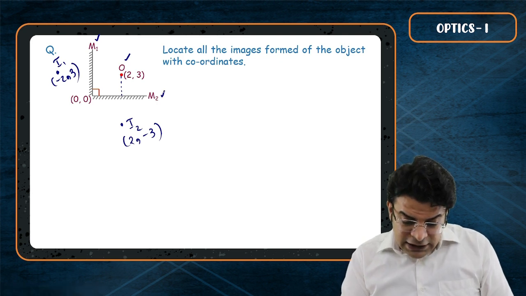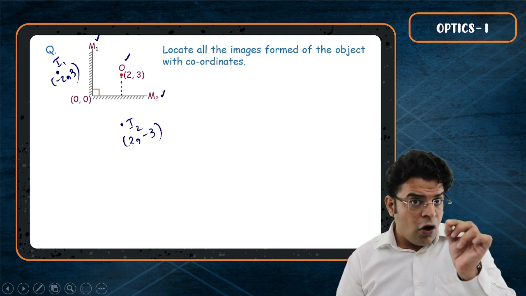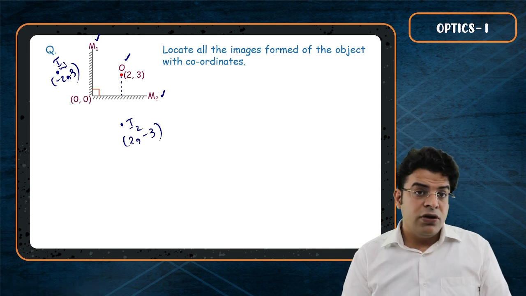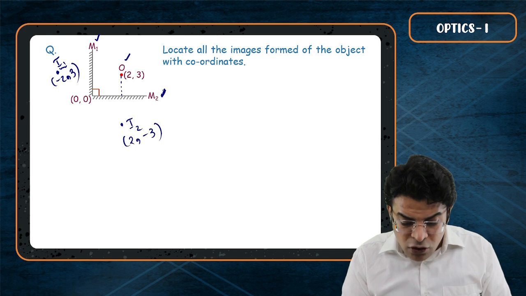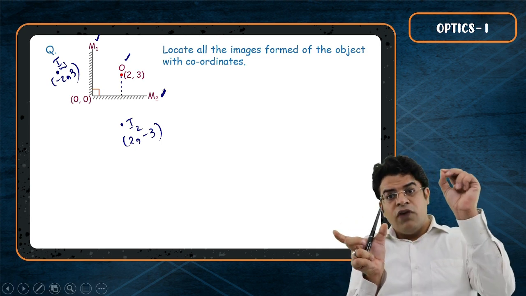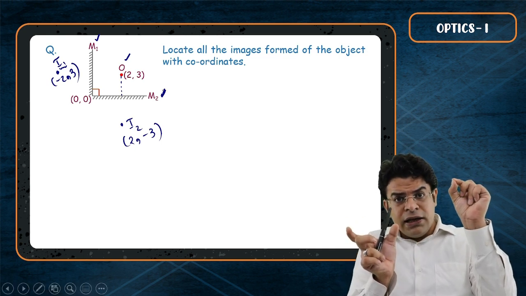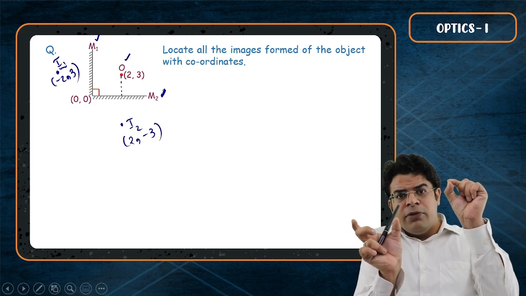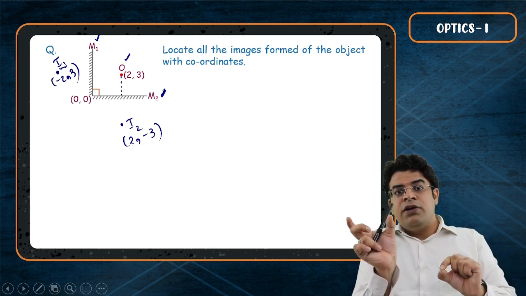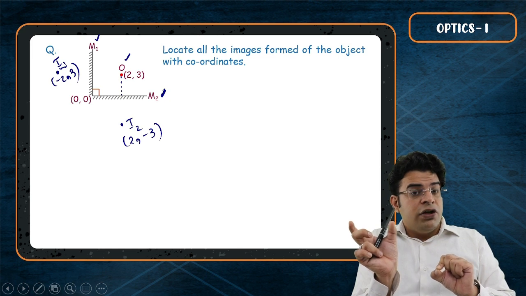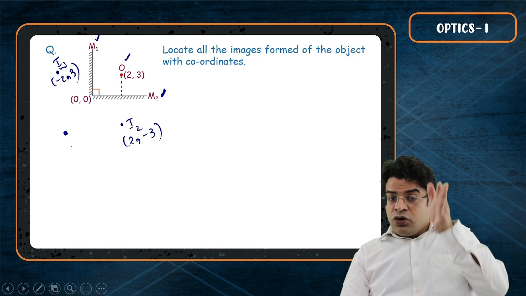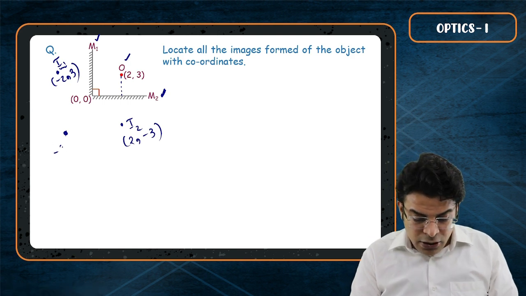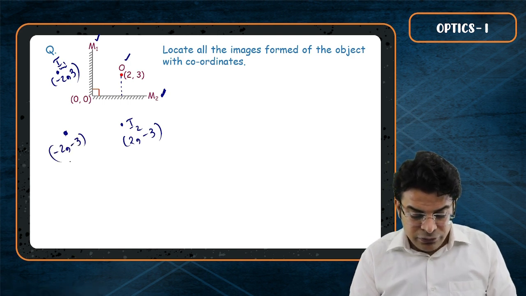Now you will say that mirror 2 will also form an image of the image formed by mirror 1. The image of I1 formed by mirror 2 will simply flip the y coordinate, without changing the x coordinate, which is -2, so it will form an image at (-2, -3).